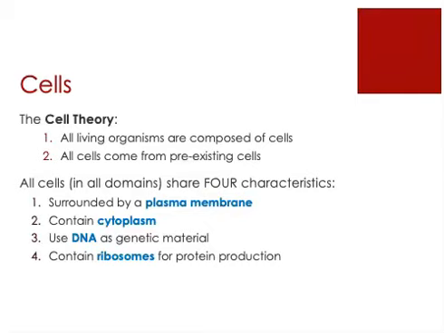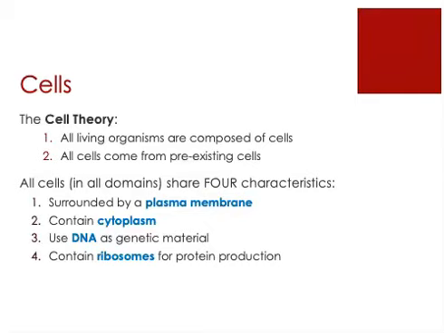But there are some characteristics that they all share. So it doesn't matter if you're looking at a microbial cell, bacteria, for example, or you're looking at an archaeal cell, or you're looking at a plant or an animal or a fungus or a protist. It doesn't matter.